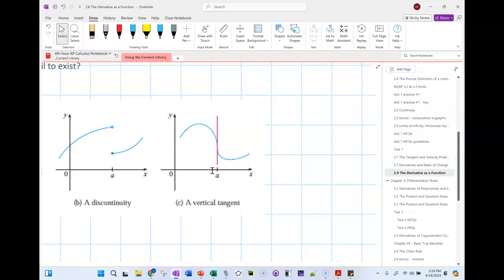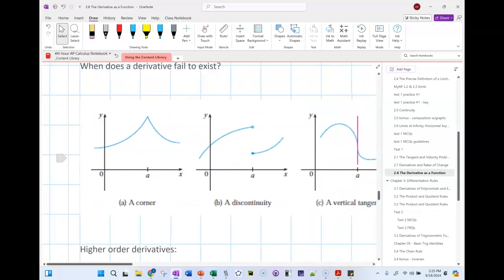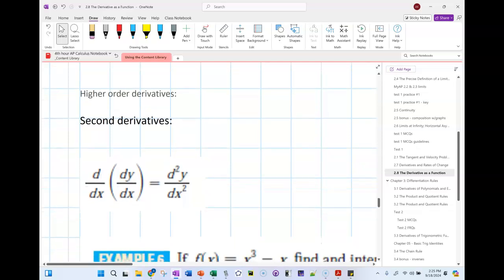The canonical example is the cube root. If you think about the cube root function, kind of looks like that. Has that vertical tangent at x equals 0. So that's one that you're familiar with, right? They're not easy to create without doing that.